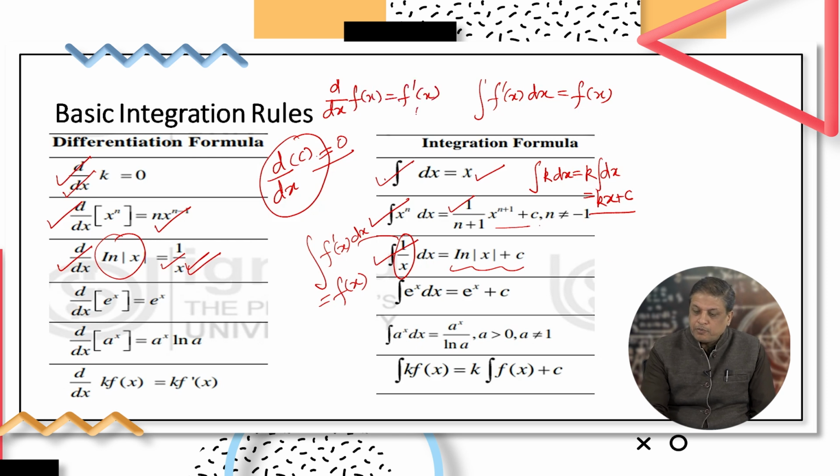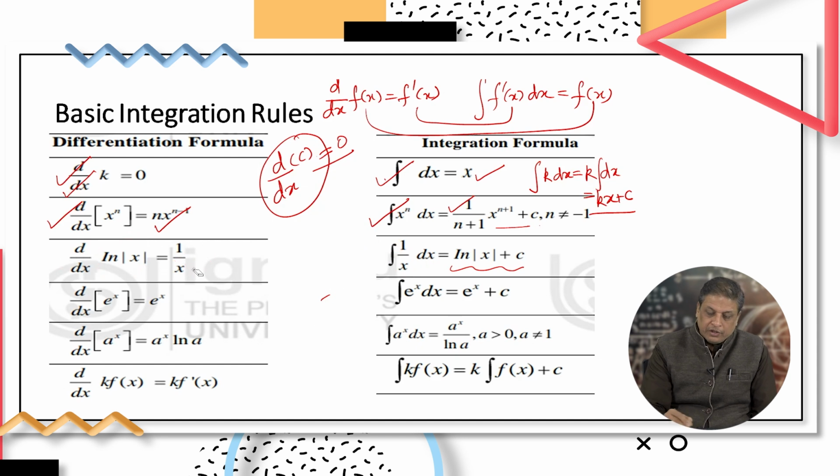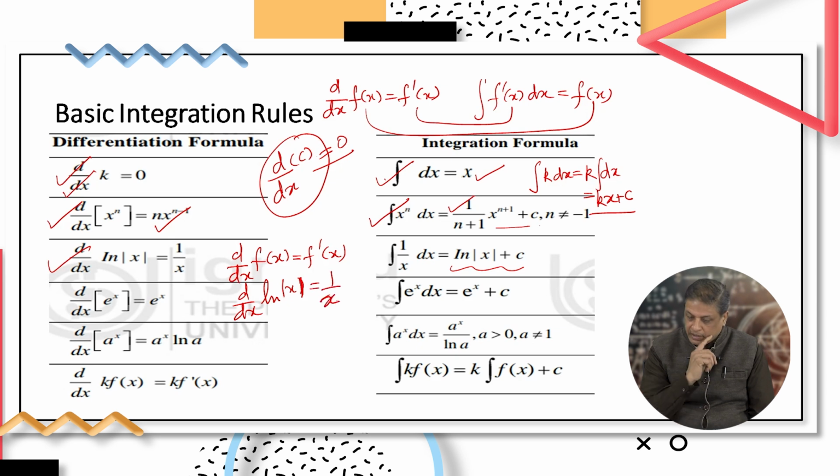So that means this part is going here, then this part is coming as an output, and this is very much visible in this formula, wherein we saw that d/dx of f(x) is equal to f dash x. d/dx of natural logarithm of x turns out to be 1 by x.